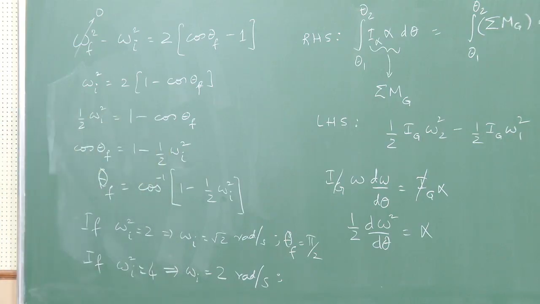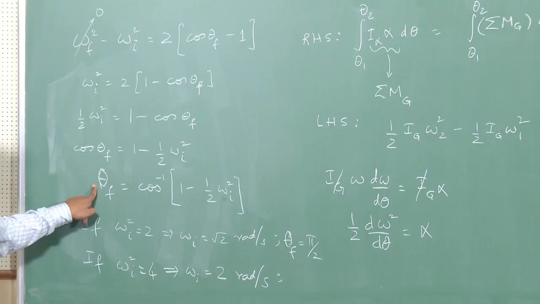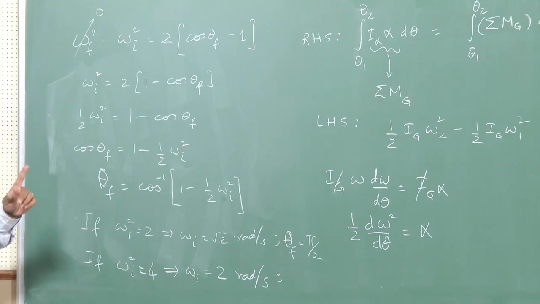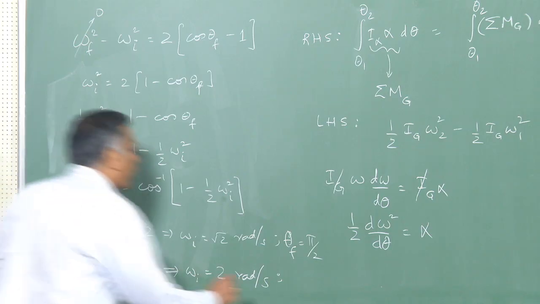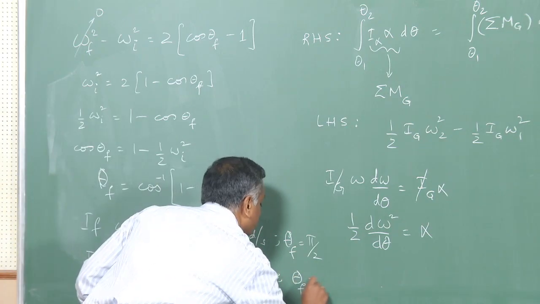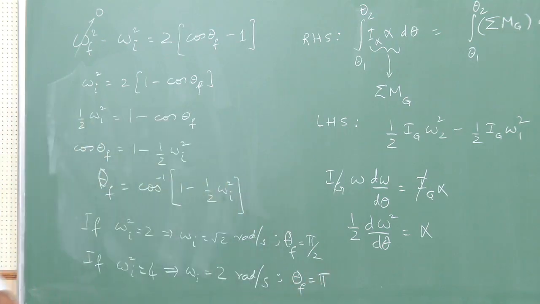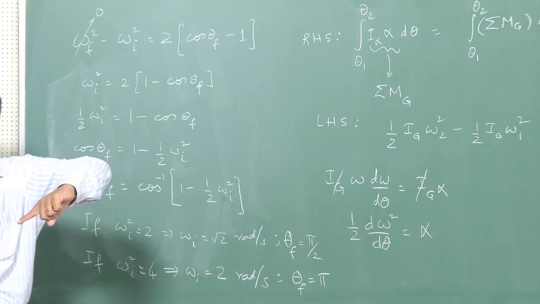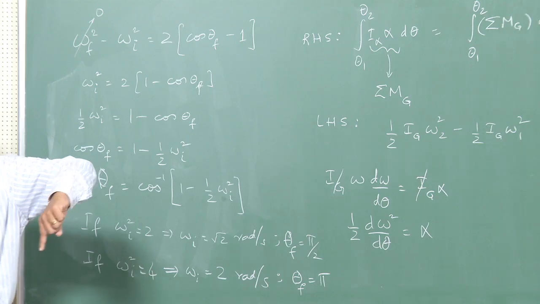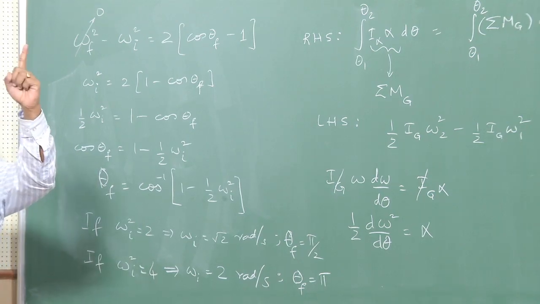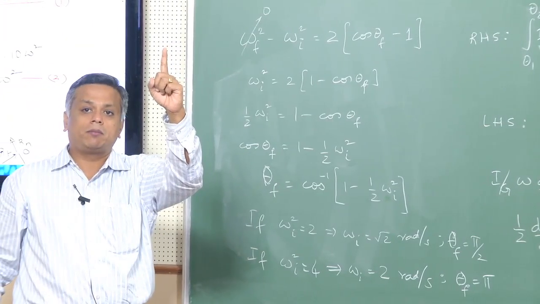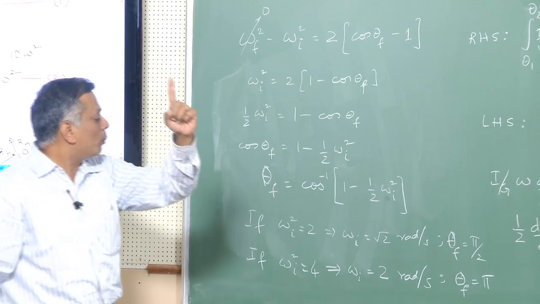Then theta f, the final position when omega f becomes 0, is pi. So if I give an angular velocity of 2 radians per second, this bar is going to go up to the topmost position, theta f equals pi radians.